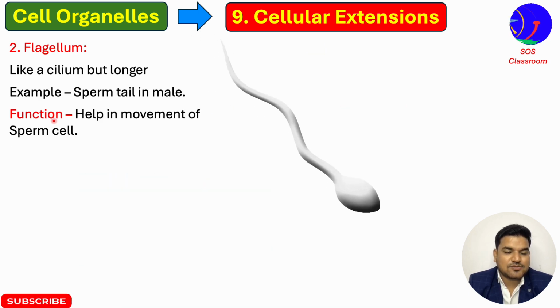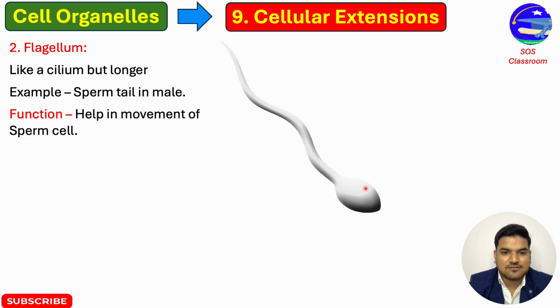Next is the flagella. Flagella look like cilia but are longer, for example the sperm tail in the male. This is the male sperm and this is the flagella. Flagella help in the movement of the sperm cells.